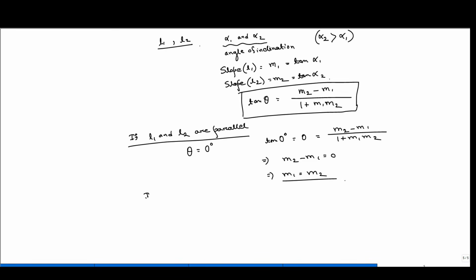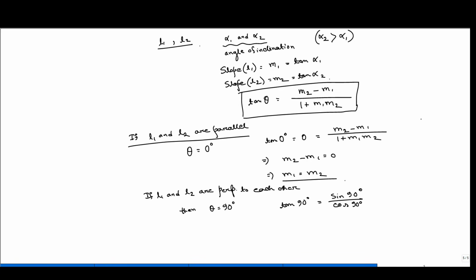Now if L1 and L2 are perpendicular to each other, then theta is 90 degrees, and we know tan of 90 degrees is nothing but sin 90 degrees by cos 90 degrees.